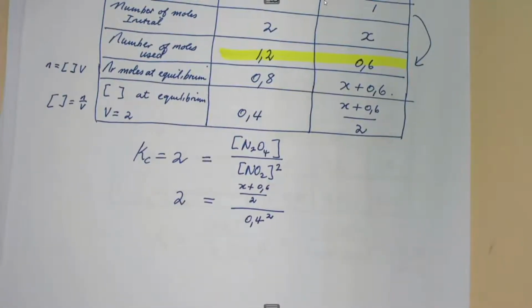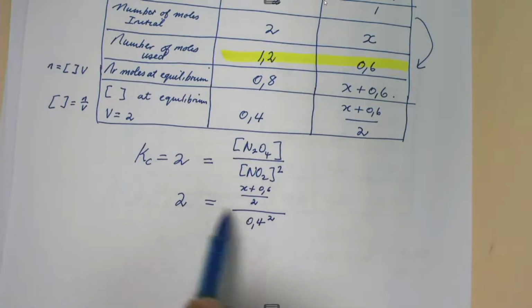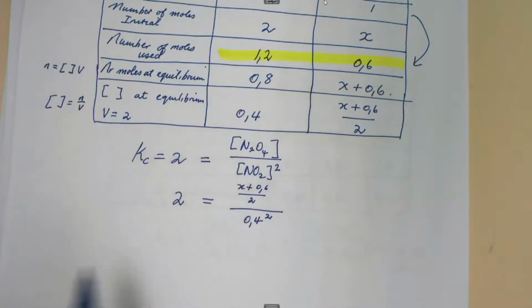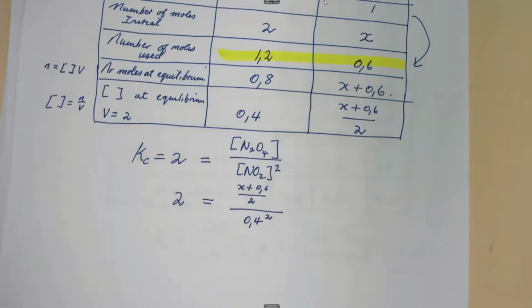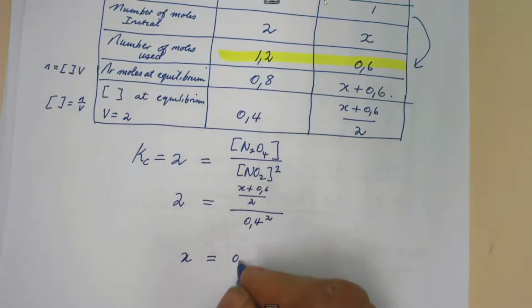And there I've substituted everything, and now it's calculator and mathematics. I will multiply across with the 0.4, and then afterwards multiply across with the 2 again, and then take the 0.6 as minus 0.6 to the other side, and I will end up with X equal to 0.04 moles.